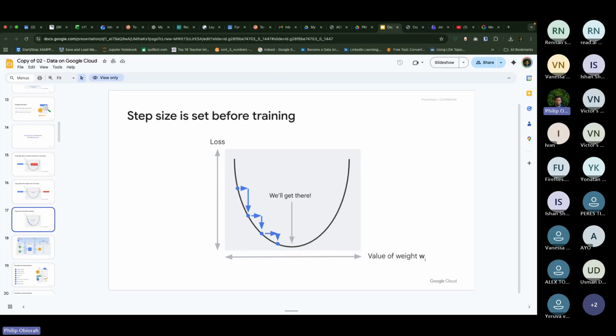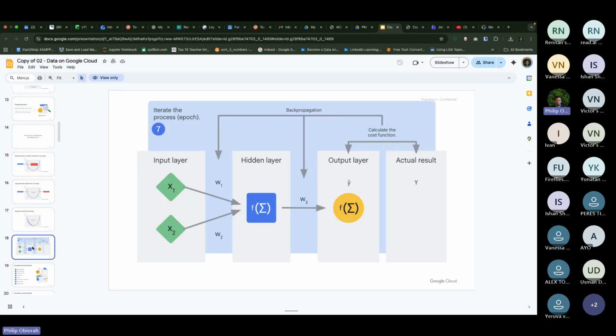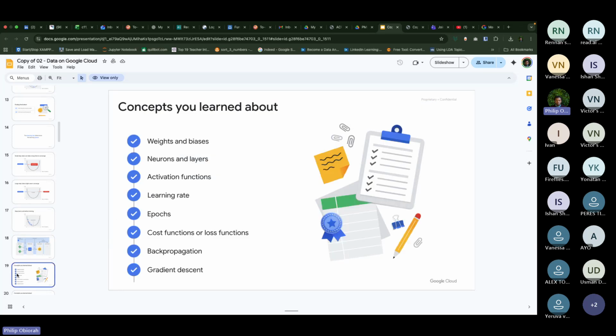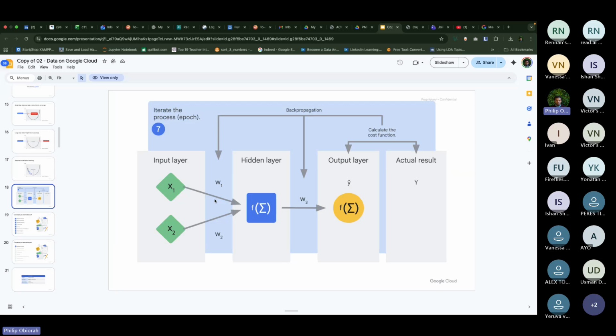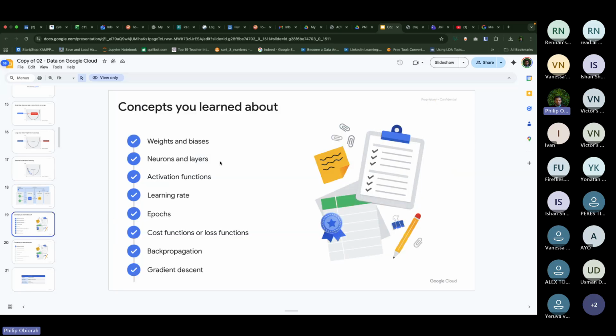All right. So that is it. Previously we've covered the concept of weights and bias, neurons, multiple layers of neurons, activation functions, learning rates.